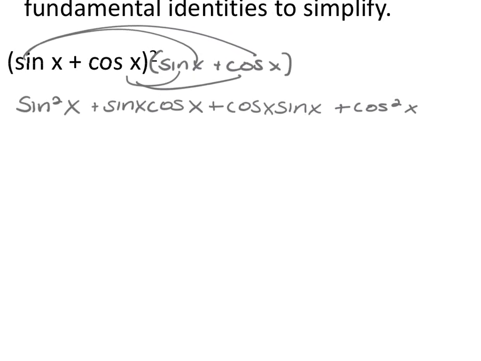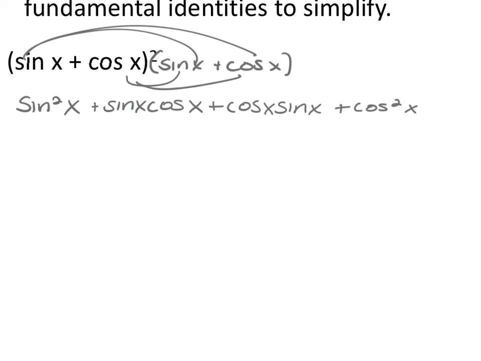With me so far? All right, what can I do with that? Is sine of x times cosine of x the same as cosine of x sine of x? Is that the same term? If it was a, b and b, a, would those be the same terms? Could you combine them? Yes.